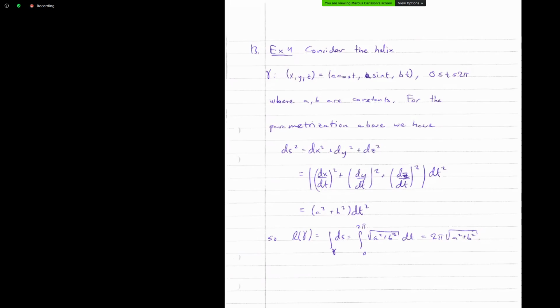So here is a point, let's call it x1. Not to be confused with the first coordinate of our parameterization; this is just a point x1, a vector. Then I take another point on my curve, call it x2, and I can measure the length here.